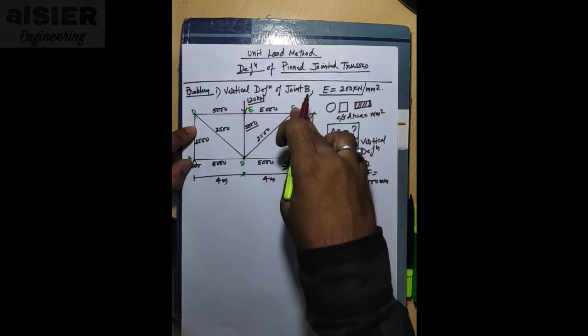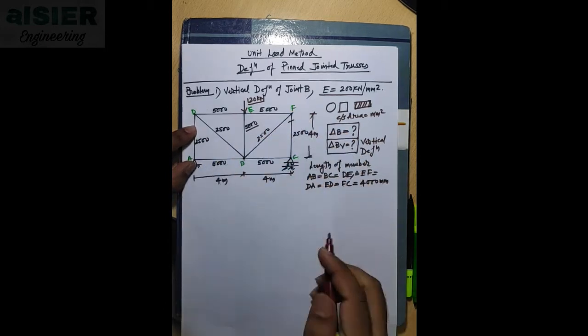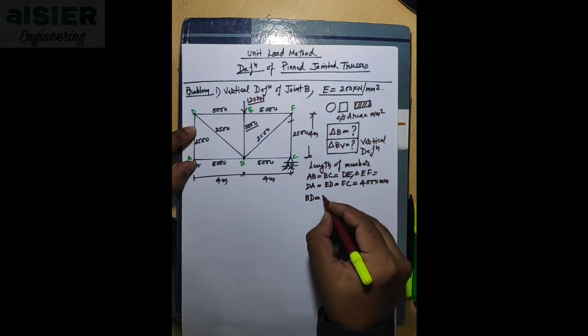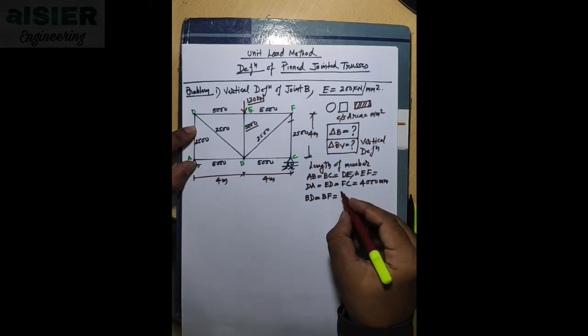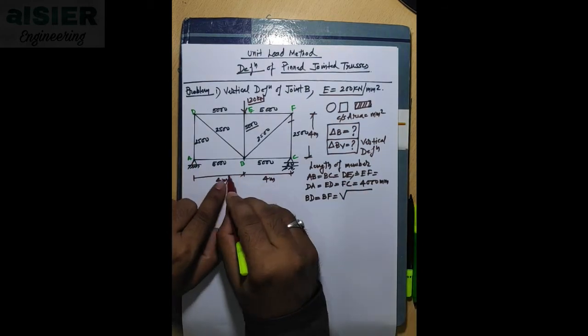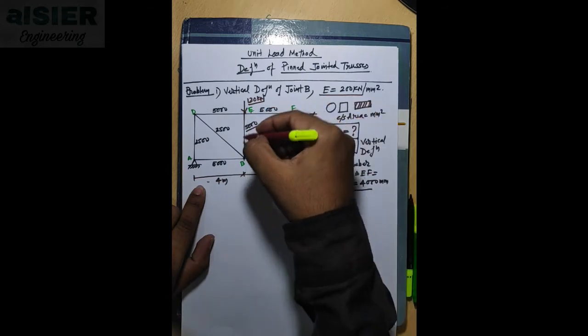Whereas the length of members DB and BF we will calculate. So how will we calculate? By using the hypotenuse theorem. So the length of BD is equal to DF, which is equal to the square root of 4 square plus 4 square, since we know that this is 4 meter and this is also 4 meter.